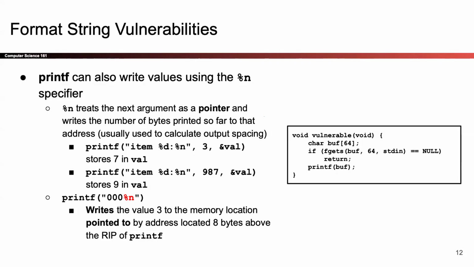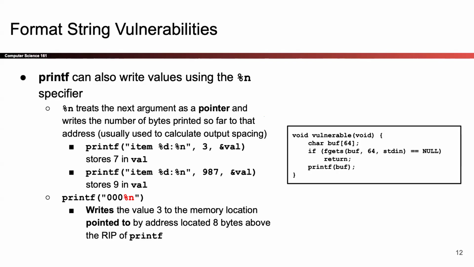So %n says the argument should be a pointer, an address. Go store at that memory address a count of the number of bytes that have been printed so far. It's kind of a weird format specifier. It's rarely used, but sometimes programmers use it to keep track of spacing and line things up in a horizontal table or something like that.